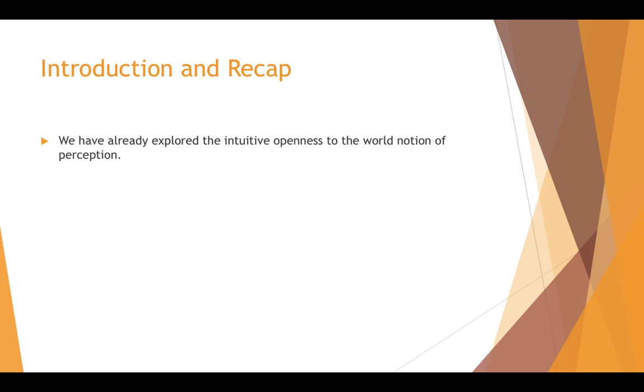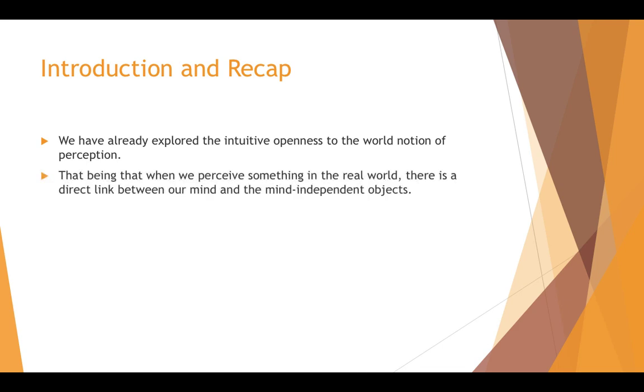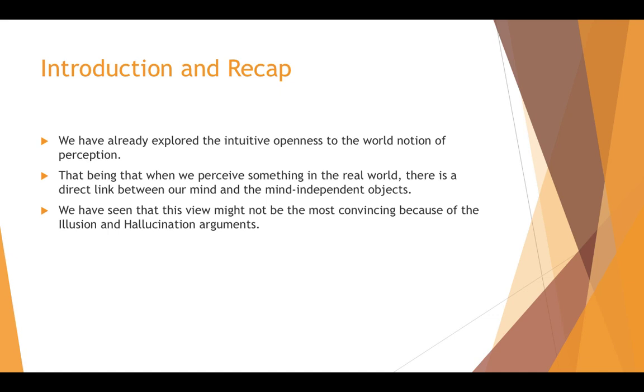As an introduction, we've already explored the intuitive openness-to-the-world notion of perception. That's the idea of direct realism, that I'm perceiving an object directly and there's a causal link between the two. We have also seen that this view might not be very convincing because of the hallucination and illusion arguments.